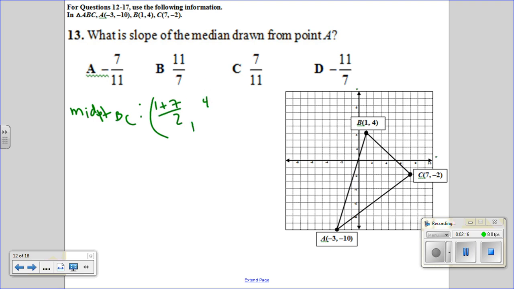Our y's are 4 and negative 2 divided by 2. So the midpoint is 8 divided by 2 and 2 divided by 2, which would give me 4 and 1.